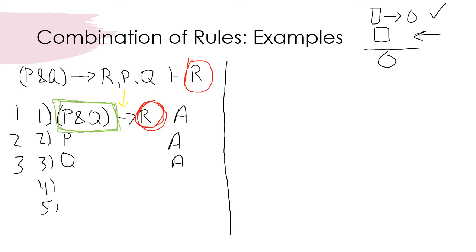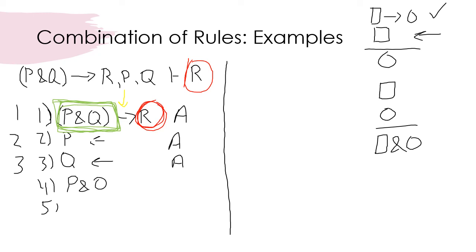Well, of course I can, because I have the ampersand in rule that says if I have two things, I can just insert an ampersand to put them together. And look, I have the P and I have the Q. So I want to build the square that I have here in line 1 in my conditional statement. How do I build it? Well, I put these two pieces together, P and Q, using this rule here.